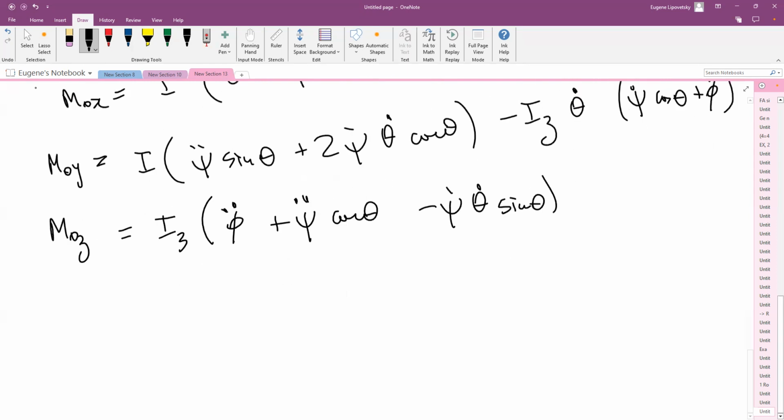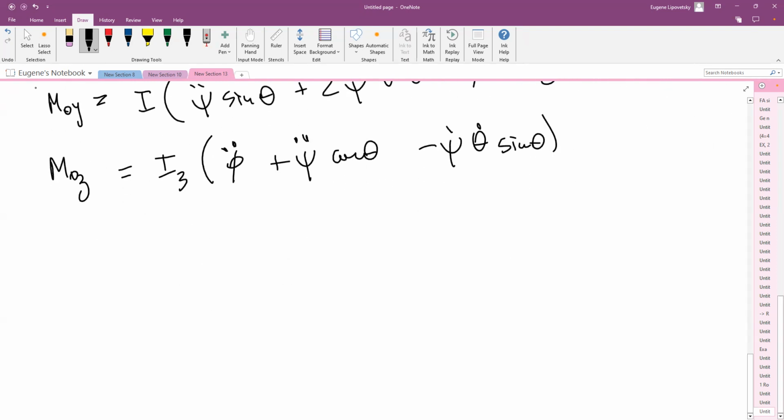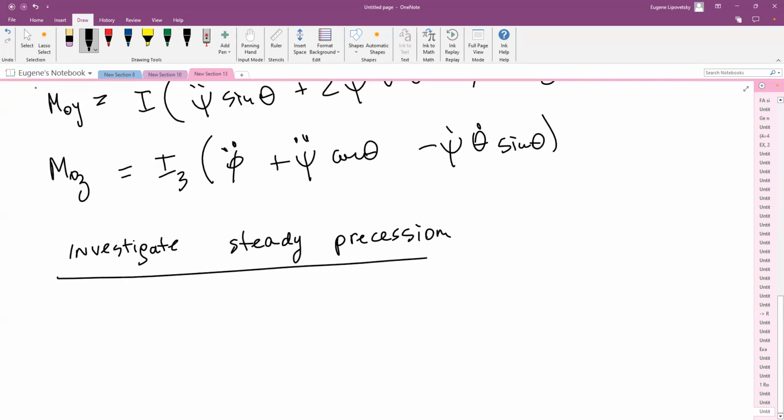Now I want to investigate precession. Steady precession. Steady precession means that the nutation angle equals a constant.